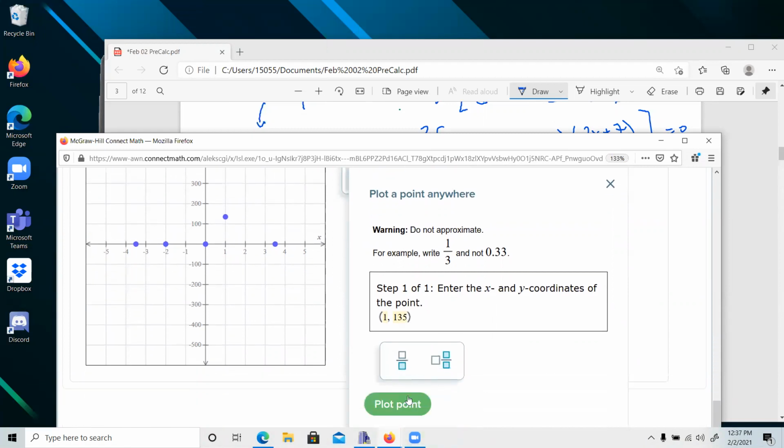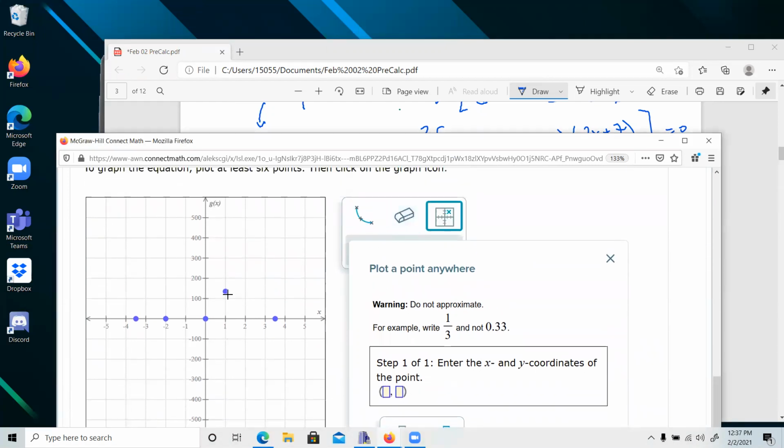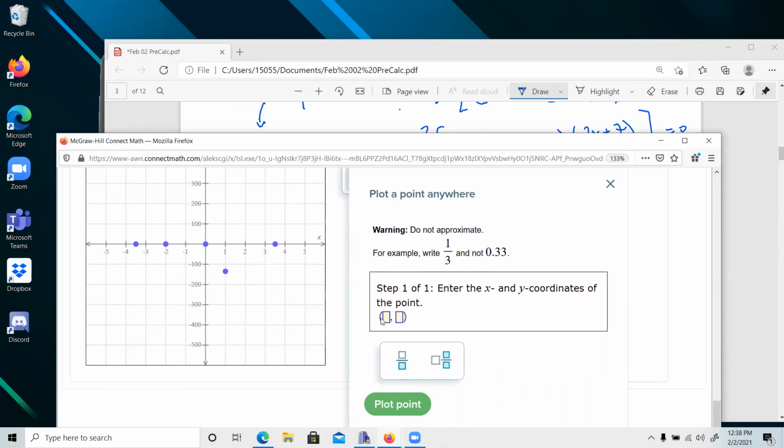Okay, let's see if that is better. I have a feeling that I probably hit return by accident too early, and that's probably where that came from. Oh, it should be negative. Thank you. Let's erase that one. Good catch. Thank you. 1 and negative 135. Yeah, like I said, same thing. I put something in there and accidentally hit return, and that's what it didn't like.